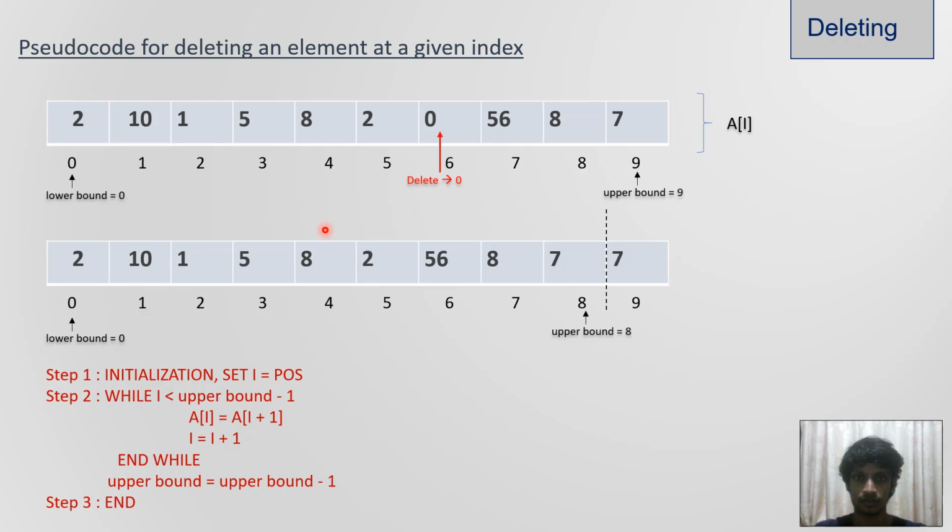So if we perform a deletion, then each and every value will be shifted by 1 to the left side. If we want to delete 0, then first 56 will be shifted to this position, like this.